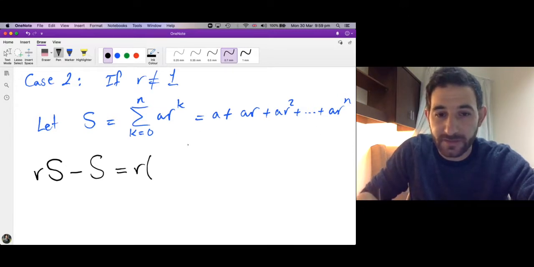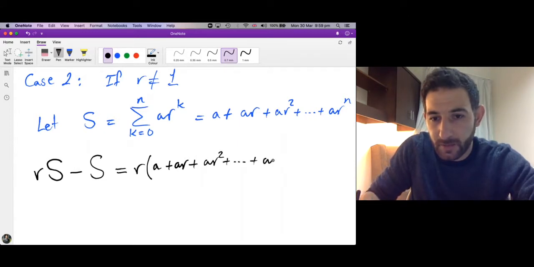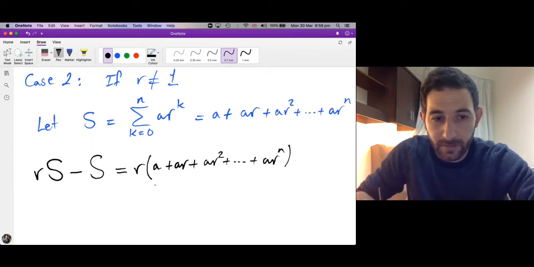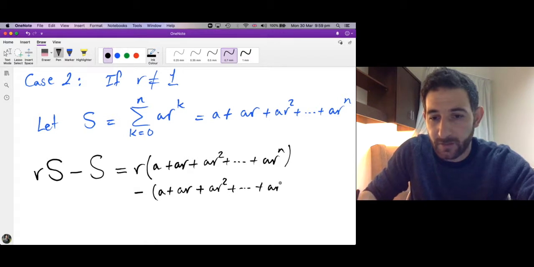S is all of this, right? It's A plus AR plus AR squared up to AR to the power n, and then minus again S, where S is again the same thing, A plus AR plus AR squared up to AR to the power n.